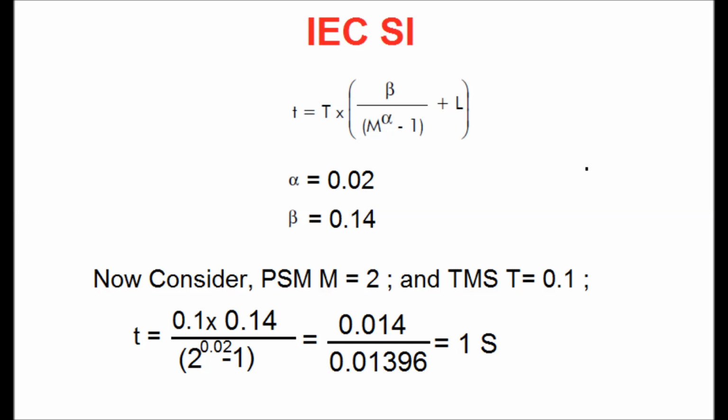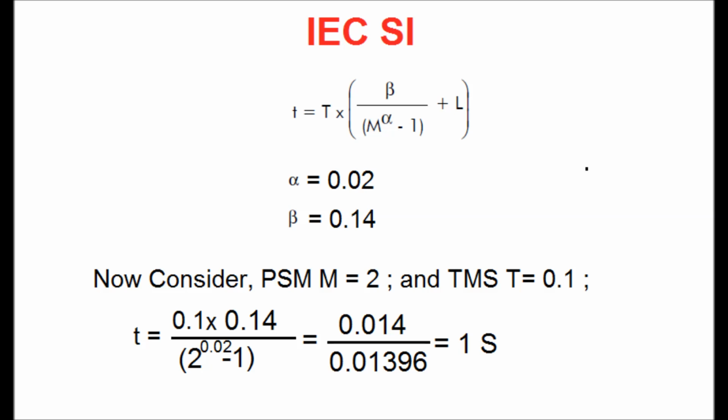Now consider the value of the plug setting multiplier M equal to 2, that is, the ratio of the fault current to the relay pickup is 2, and TMS, that is time multiplier setting T, is equal to 0.1. So the trip time t is equal to 0.1 × 0.14 / (2^0.02 − 1), which comes to 1 second.